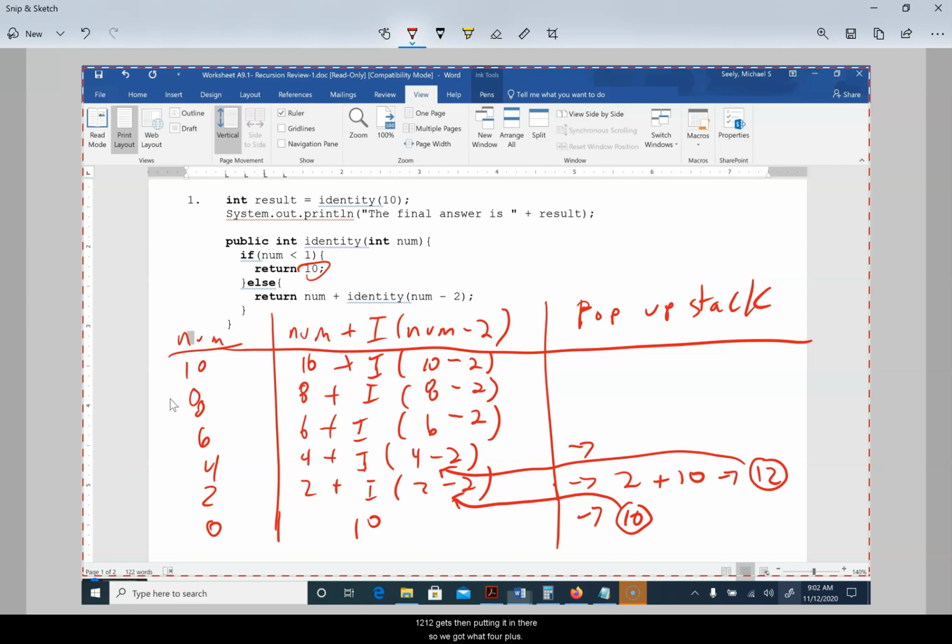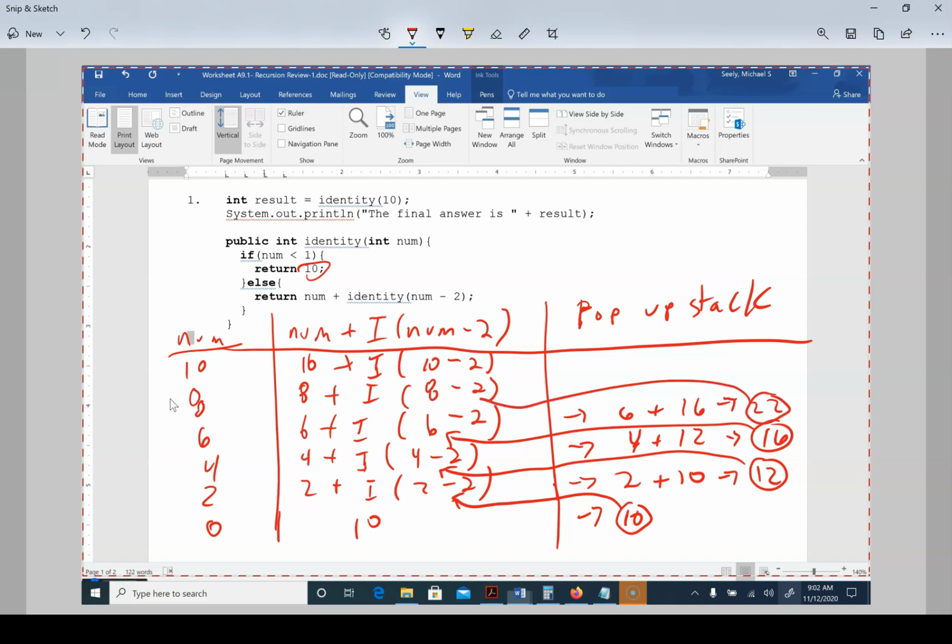So we got 4 plus 12, which is 16. It's put into there. So we got 6 plus 16, that is 22. 22 gets put into there.